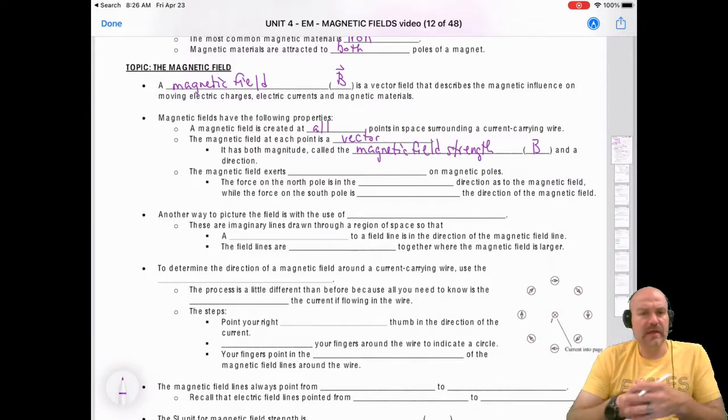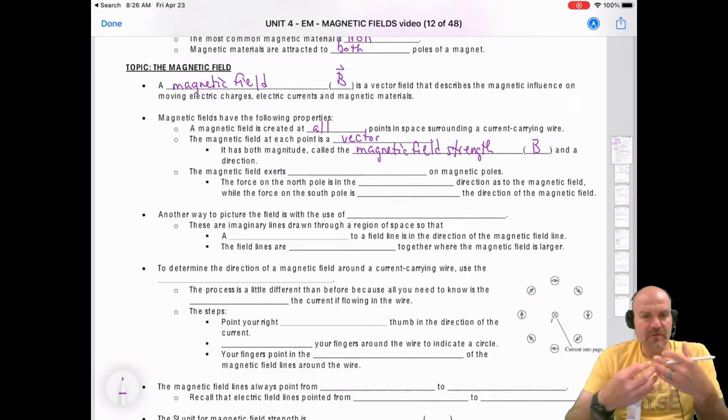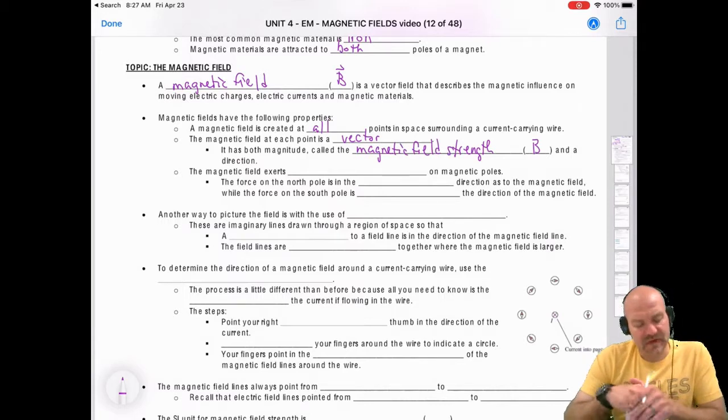Much like when we talked about electricity, they had the electric field, which was a vector field surrounding a point charge, or excuse me, not current, but around electrical charge. We have the same thing. If we have a magnet, we have a magnetic field. If we have a current carrying wire, we have a magnetic field that has a magnetic field strength of B, and it points in a direction. We'll talk about the direction in one second.